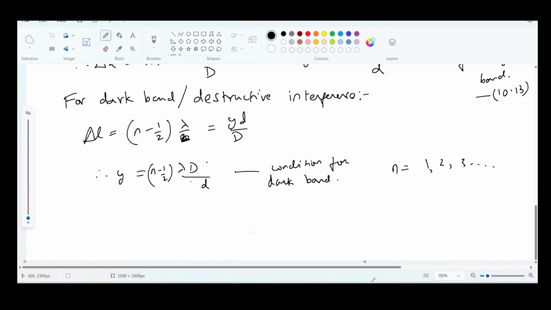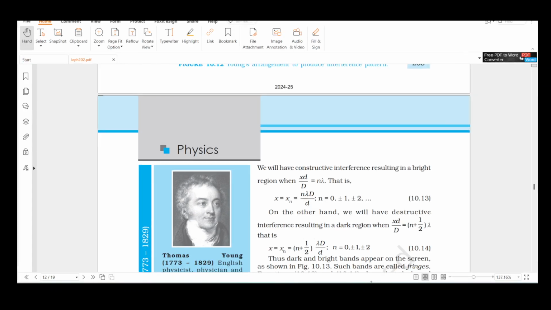That is why I said there are two ways of writing this. So this is correct, that is also correct: n plus 1 by 2 lambda D by d, where n is equal to 0, 1, 2, 3, and so on. And this is equation number 10.14.